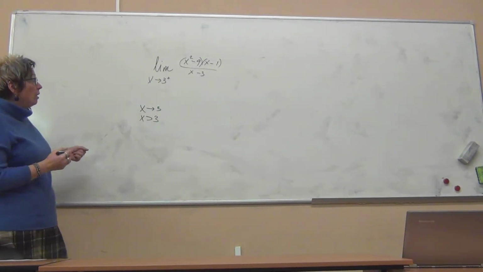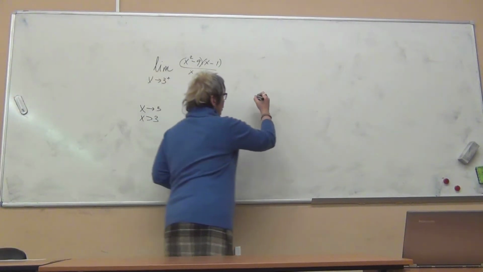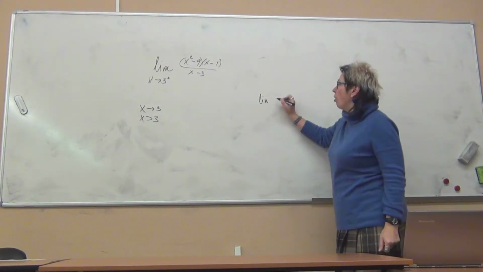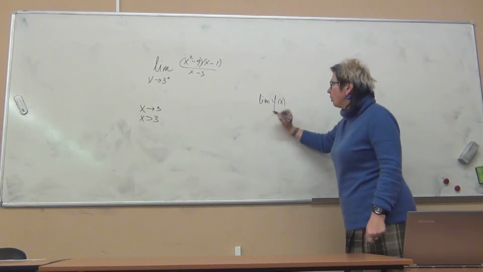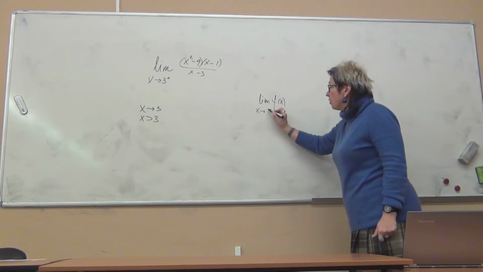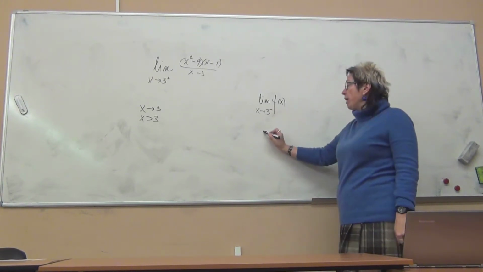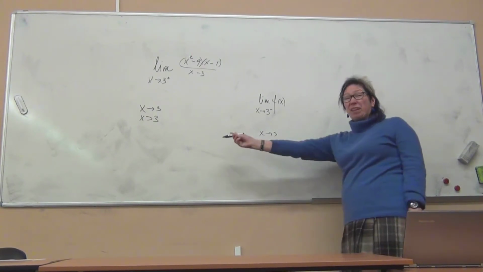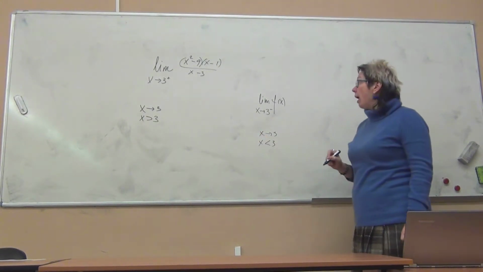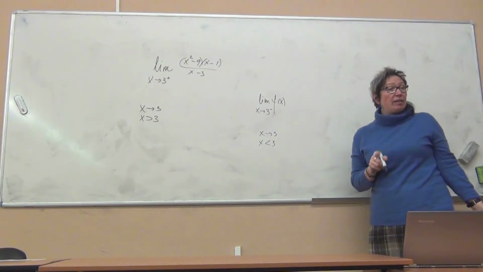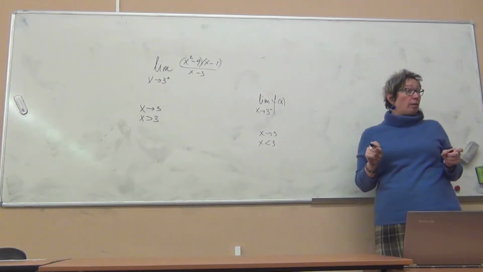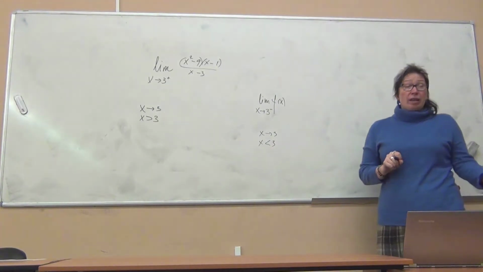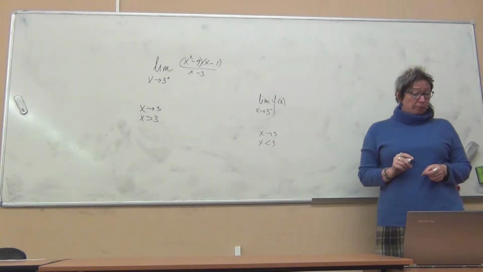And the other one, we can write the same limit, x tends towards 3 minus, means x tends to 3, but x remains less than 3, so from the negative side. And we saw that in our case, both those limits were the same. In our example, they were both equal to 12.